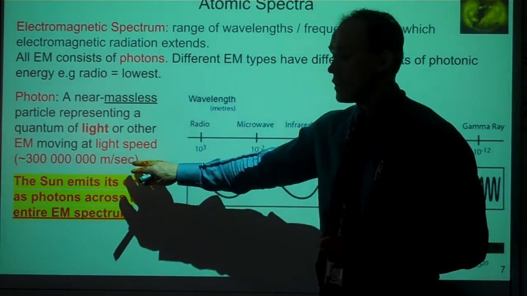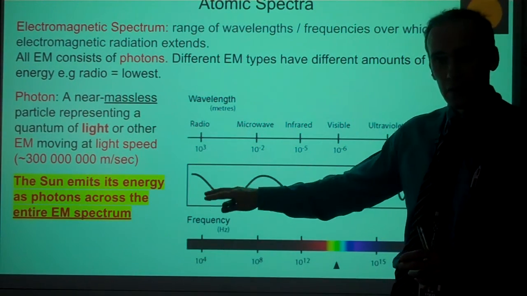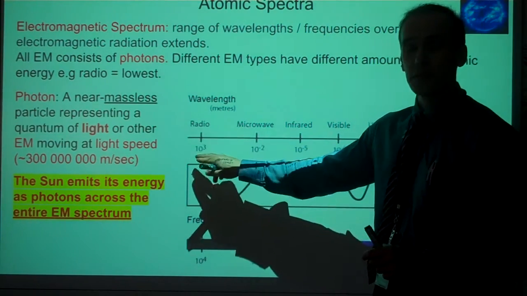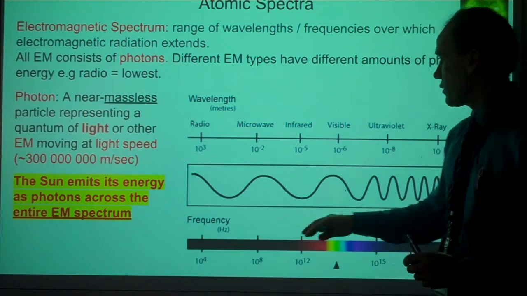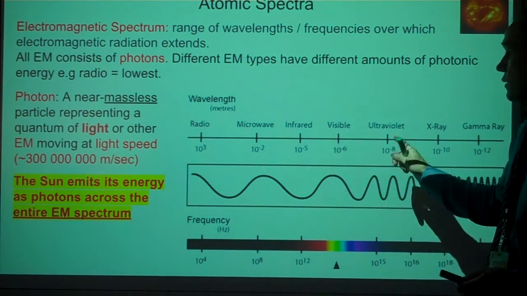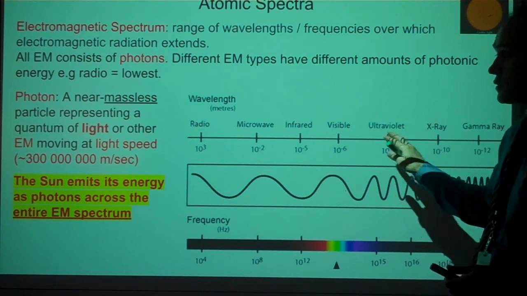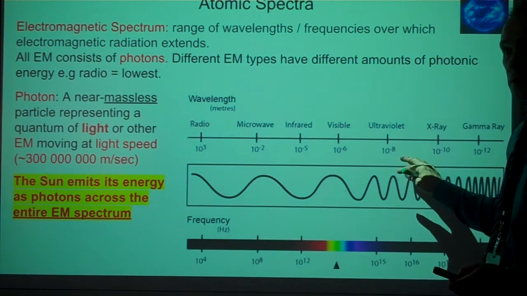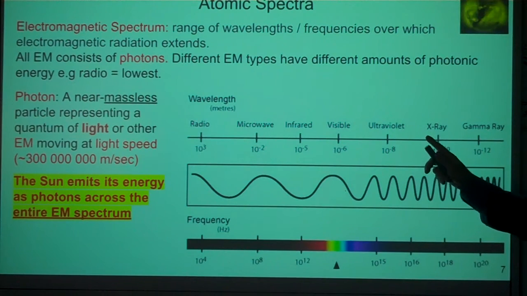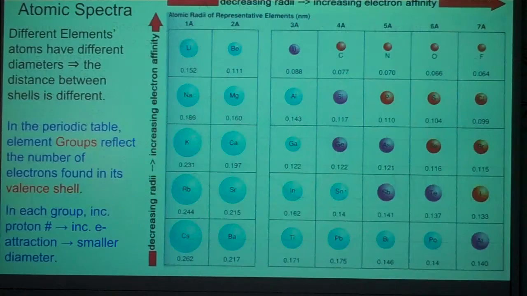You've already looked at light speed, and I already emphasised before that the sun is emitting photons or wavelengths right through there. Remember the radio signal that we listen to from the sun? We can of course see visible light easily, just look outside the window. And of course you know UV is always out there, and X-ray and gamma rays. So the sun is emitting all of those, and that's important. Okay? So any questions about that there? Now that's something we've looked at before, and they're all of course moving at light speed.